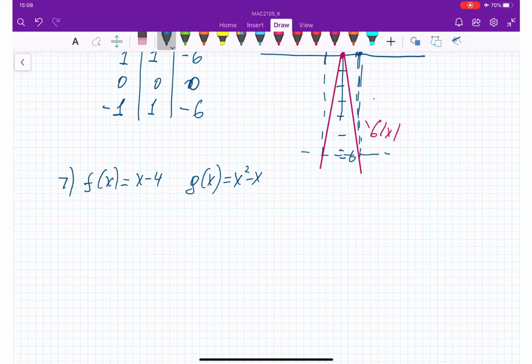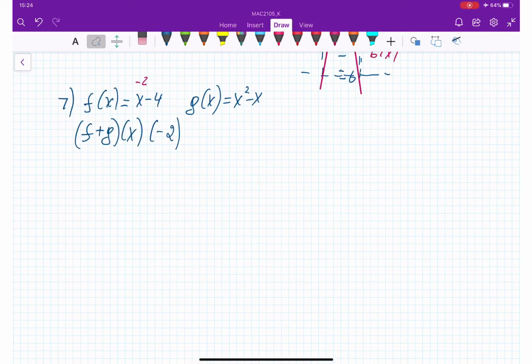Find and simplify the expression f plus g of x for -2. The bottom line is we are going to do addition. Two functions we are adding.